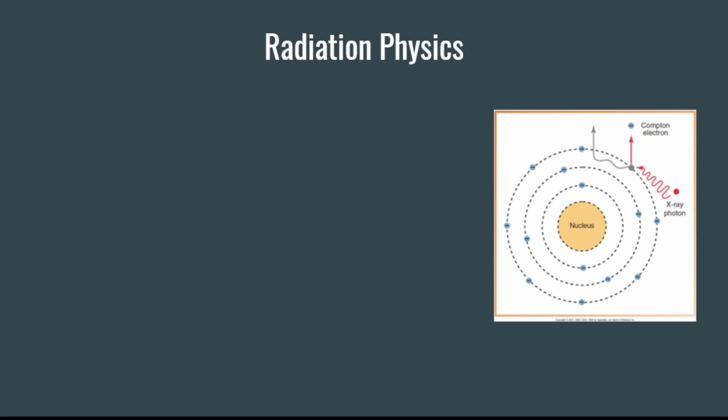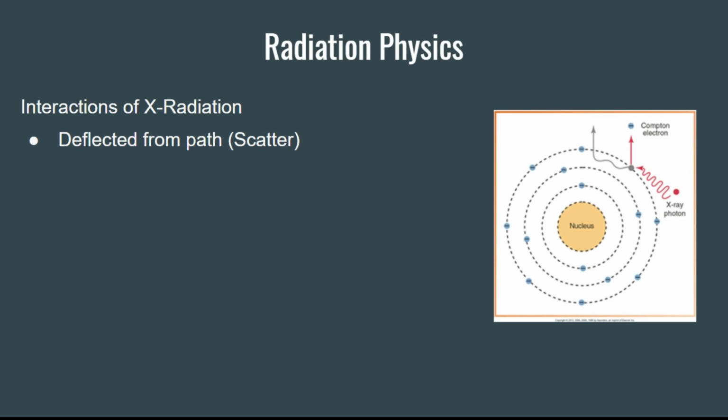The third type of interaction with X radiation is when it's deflected from the path. So this is a form of scatter radiation. And it is known specifically as Compton scatter.